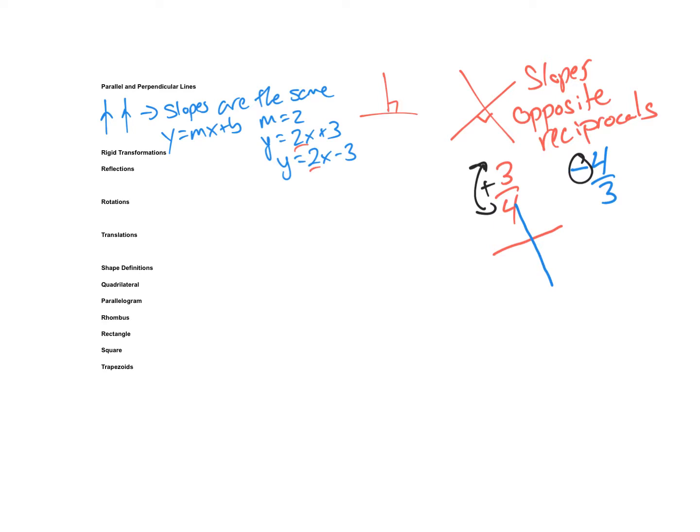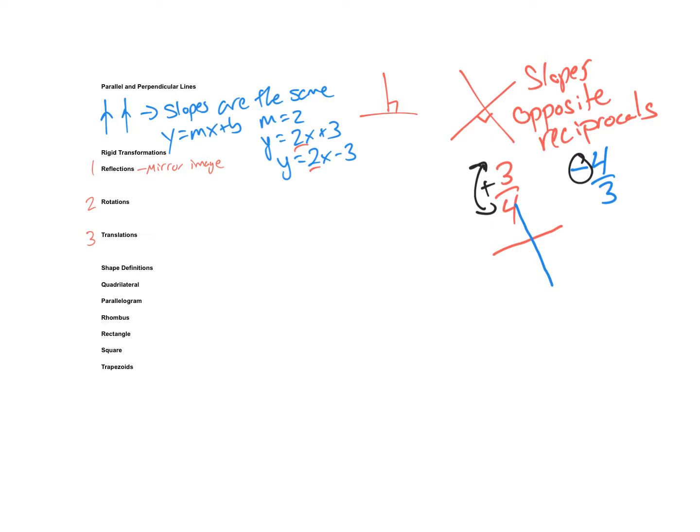So moving on, we have rigid transformations. You'll notice that we have 3 of them: reflections, rotations, and translations. Reflections, you're looking in the mirror. Essentially, it is going to be a mirror image of the given image.